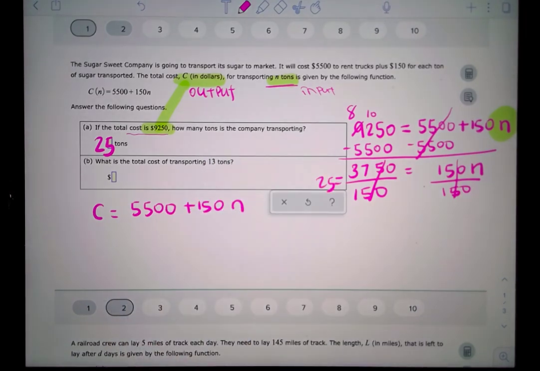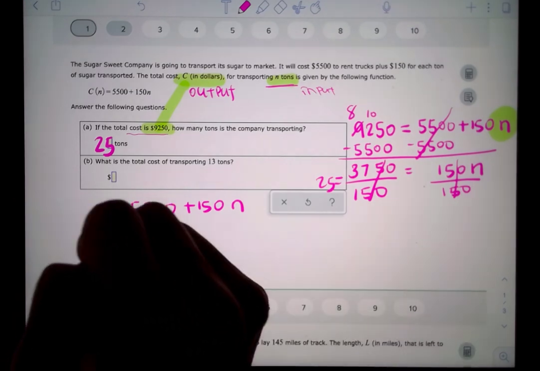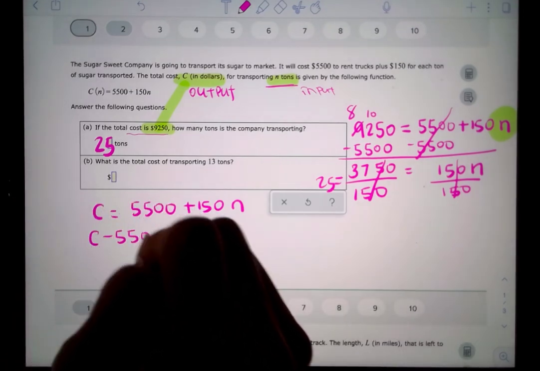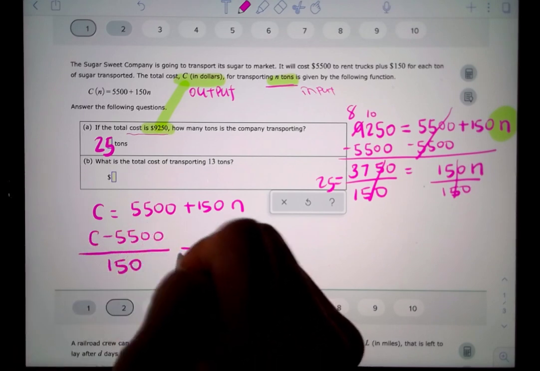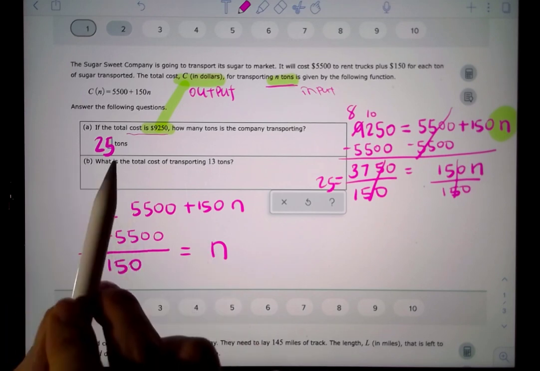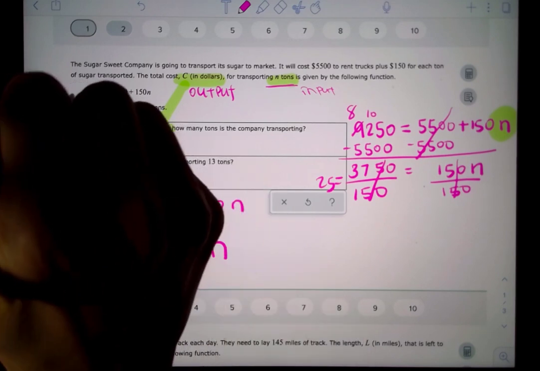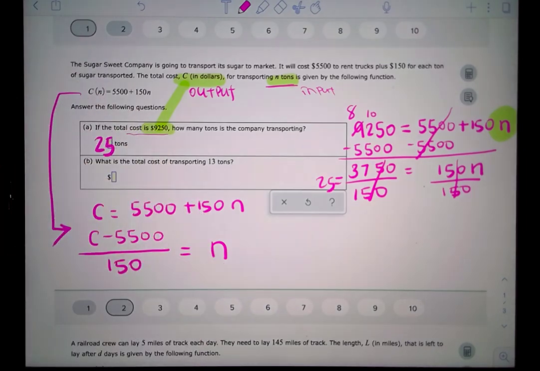If we find the inverse function, it will be C minus 5,500 divided by 150 equals n. So you know the cost, you put the cost here and do this calculation, and you will get the number of tons. That's the inverse function.